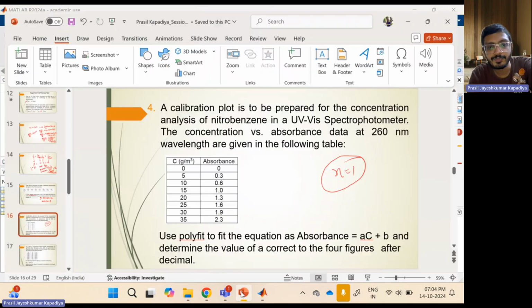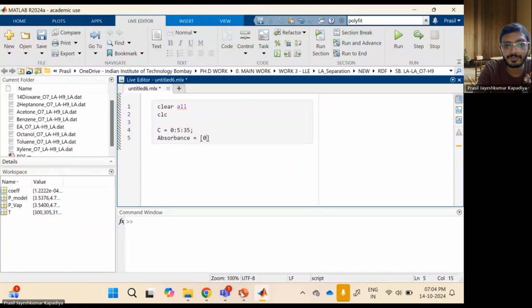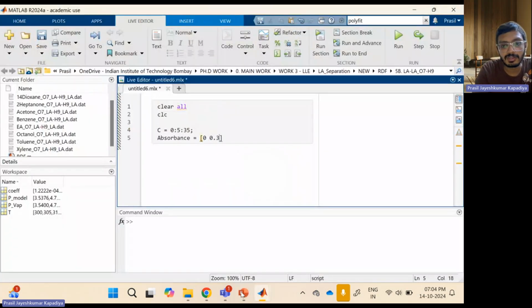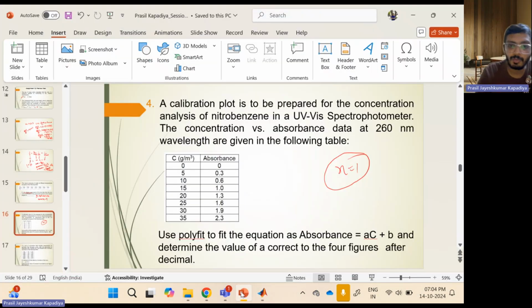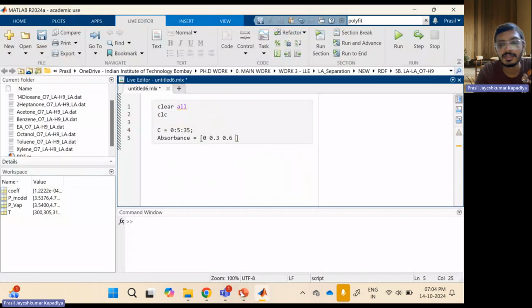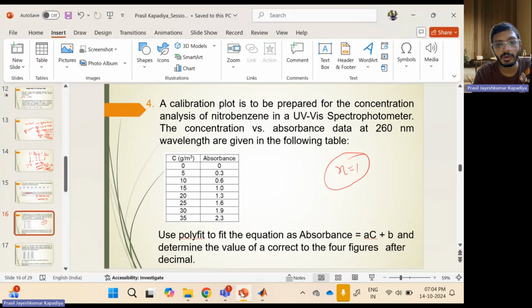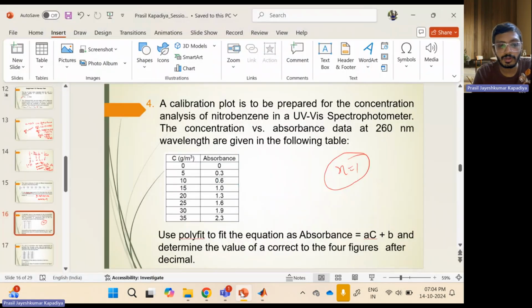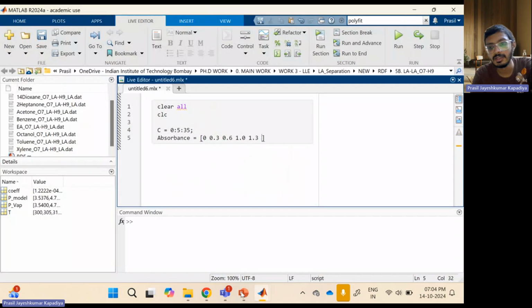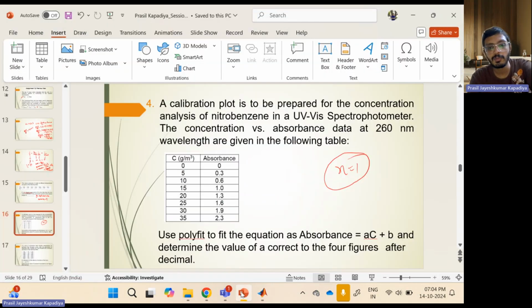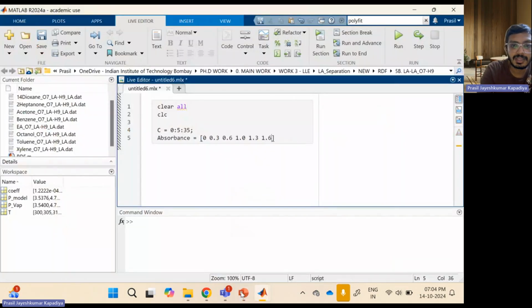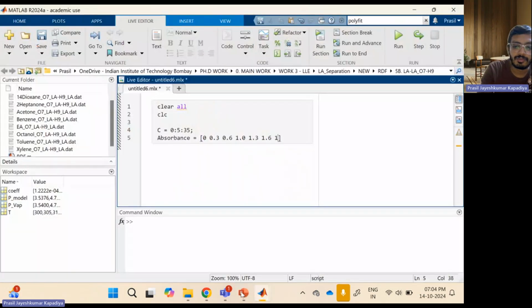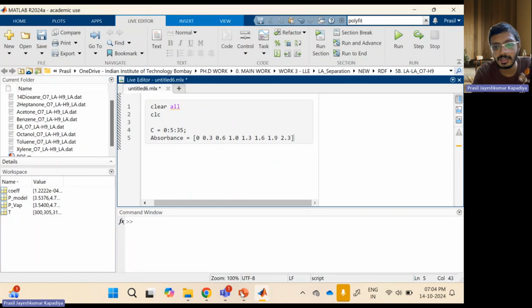Absorbance is equal to 0, 0.3, 0.6, 1.0, 1.3, 1.6, 1.9 and 2.3.